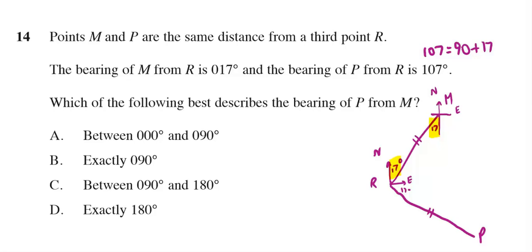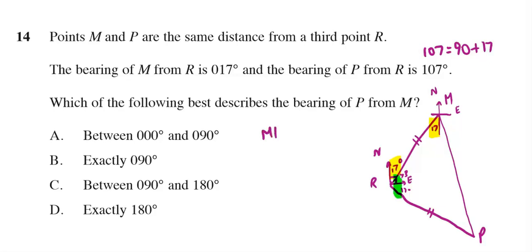I also know, draw this in here, that if this one's 17, this one is 73 because they need to add to 90, and 73 plus 17 is also 90. So I also have a right-angled triangle here.